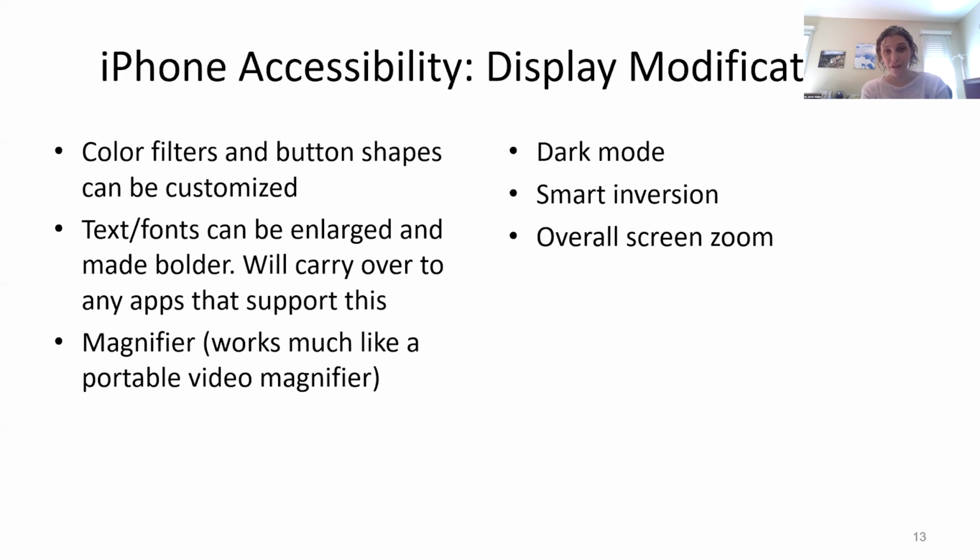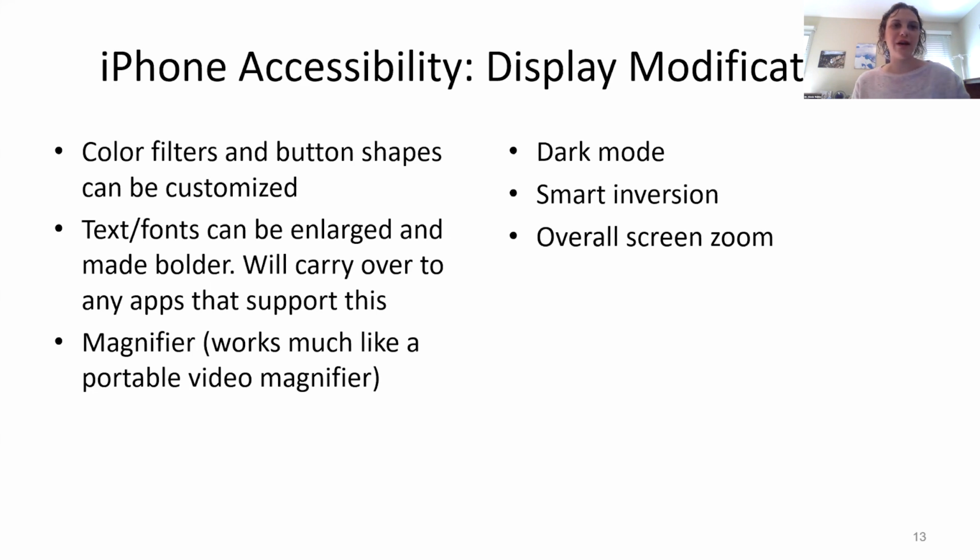It used to invert everything, and the Android phone, for the most part, still inverts everything. But now it smart inverts, so it tries to invert only the text. And that just makes it a little bit more of a pleasant experience for someone. They don't have to keep flipping back and forth between inverted and not inverted to see pictures and things like that. And much like the Android, they can do overall screen zoom.